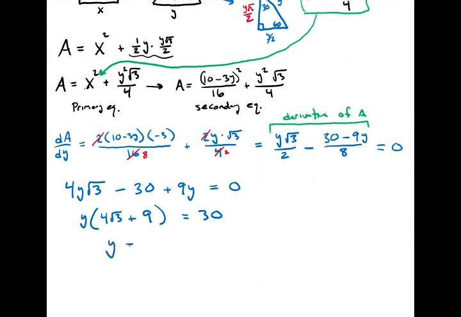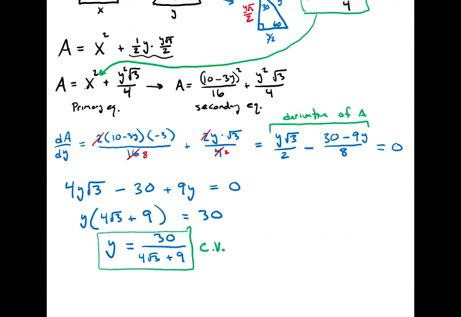So we'll have y equals 30 divided by 4√3 plus 9. So we have one critical value for this function.